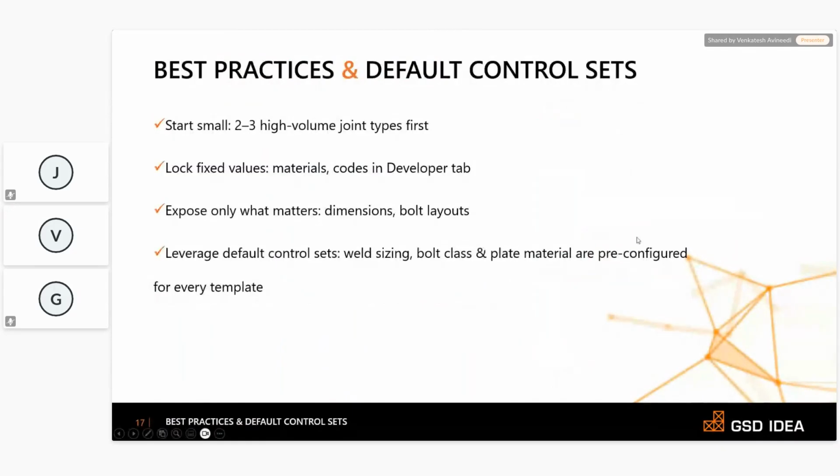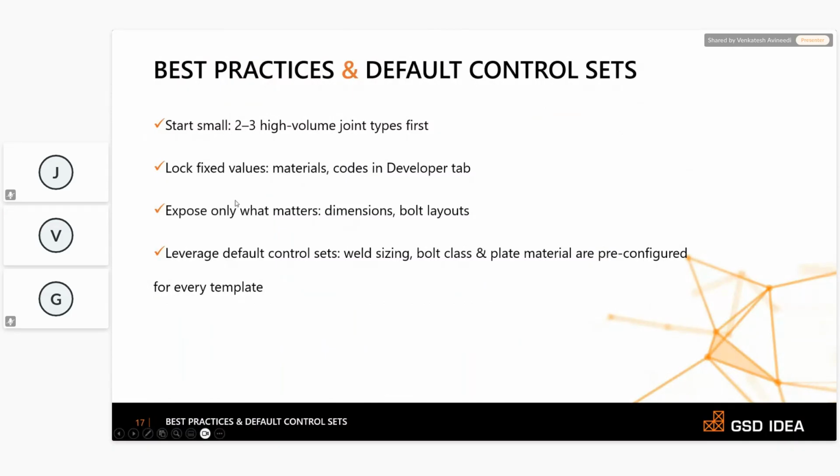If you are starting with the parametric templates, start small, maybe with a few parameters, and then you can explore it to very big parameters, because initially if you start with a lot of parameters, you might get overwhelmed. That's why it's better to start small and then move gradually.